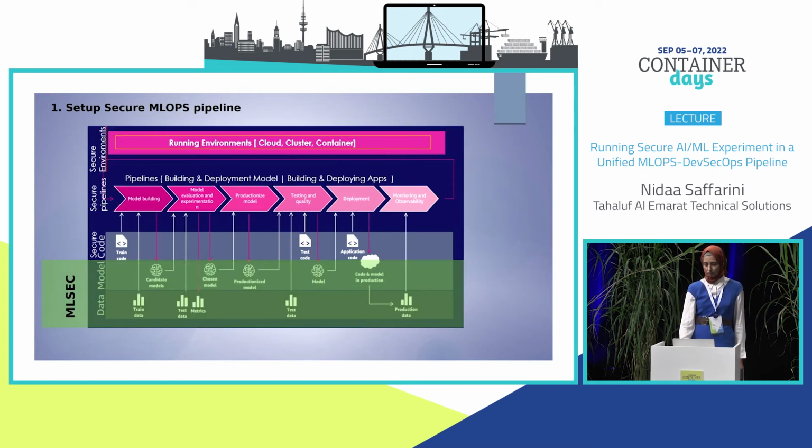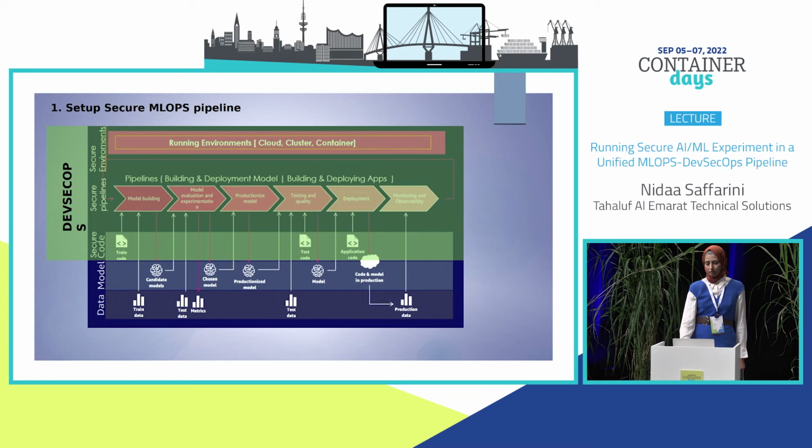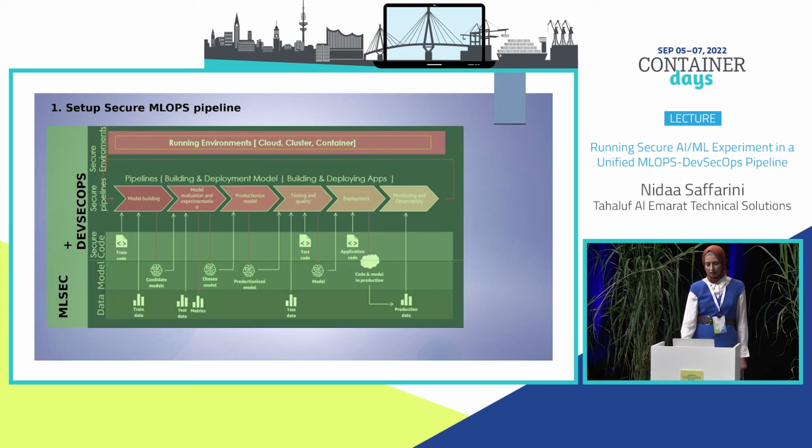Here we have the concepts. When we secure the data and model, it's ML-Sec or SecML. When we secure the code, the pipeline, and the environment, we call it DevSecOps. And when we have end-to-end security, we can say it's an end-to-end secure MLOps system using security ML and DevSecOps.